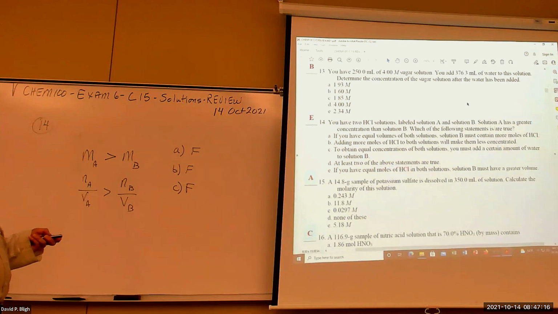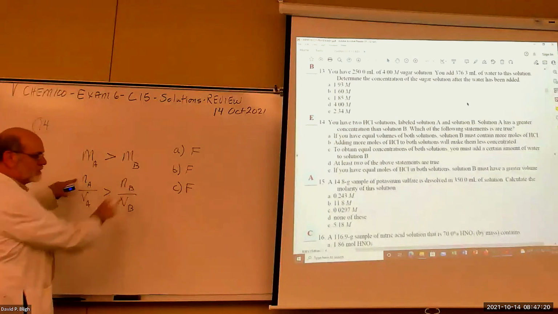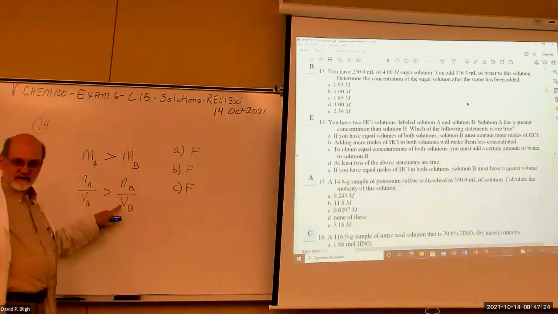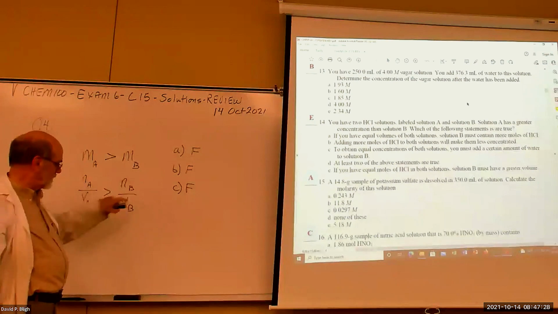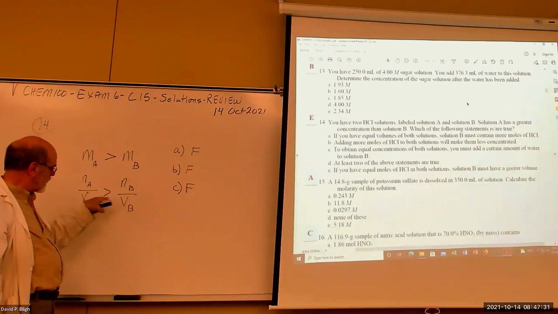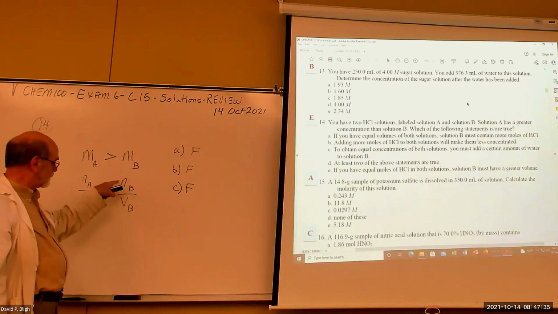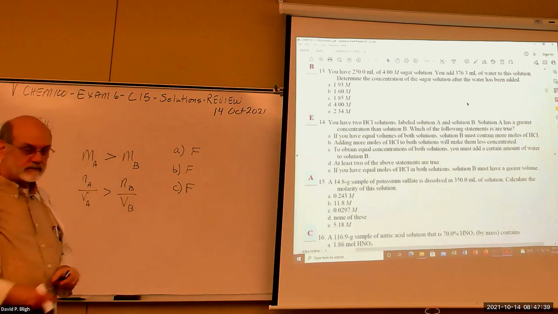If you have equal moles of HCl in both solutions, solution B must have a greater volume. That's true because of the nature of a quotient. In order for this one to be less concentrated, that one has to be bigger in volume if the moles are equal. So E is true.